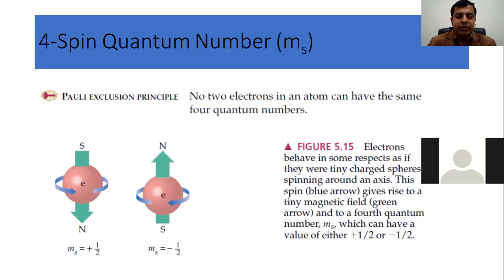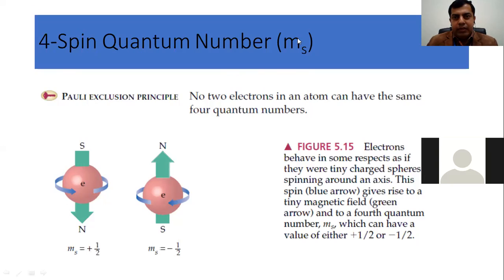So that's why this knowledge is a must when you are going to proceed towards the electronic configuration. The main objective of today is the electronic configuration, the placement of the electrons in the shells, subshells, and the orbitals.